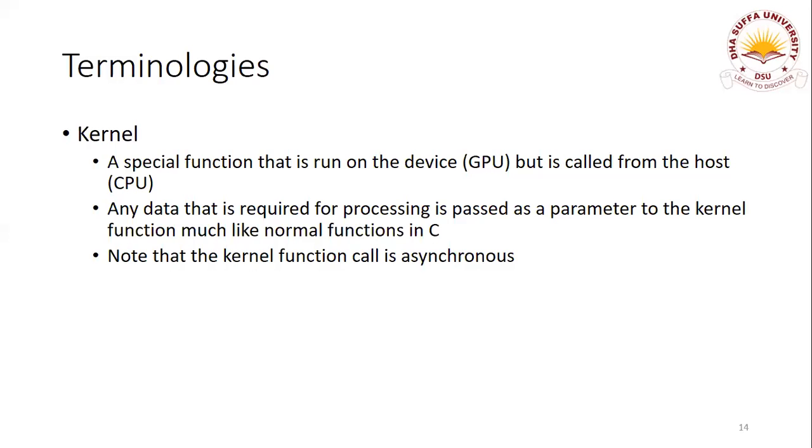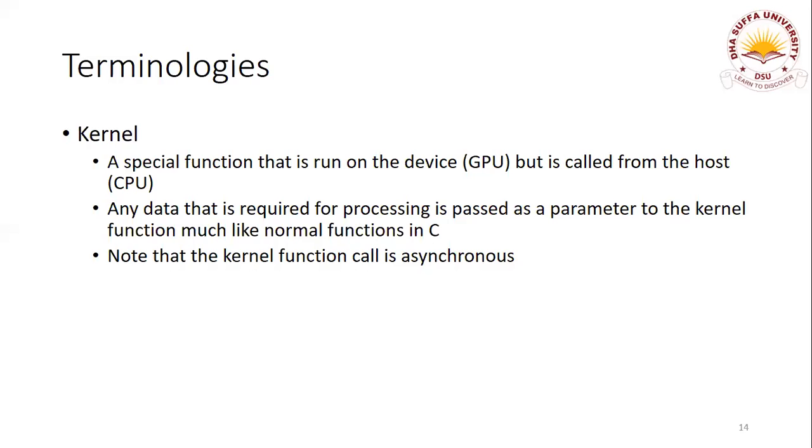We should keep one thing in mind: whenever we are writing a parallel program that is meant for a heterogeneous computing environment, that is meant to be using CUDA, when you compile and execute your code, the control is first given to the host.